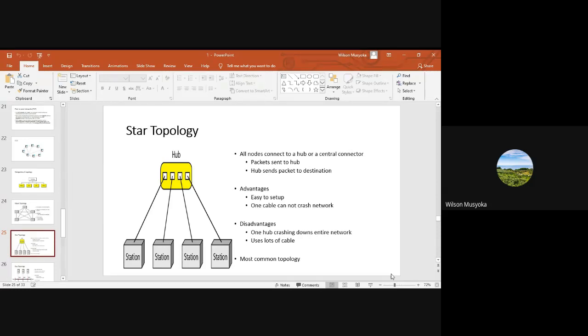But when it comes to disadvantages, a lot of cable is used, and if that central connector or the hub or the switch, whichever device you are using, crashes, then the entire network is crashed. But this is the most common topology which is used in the present day.